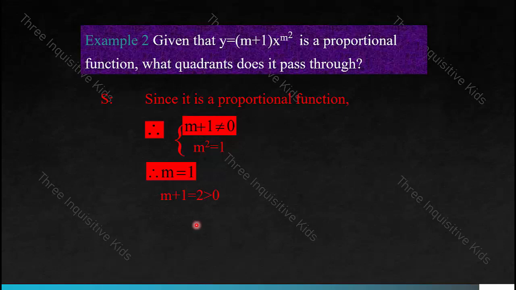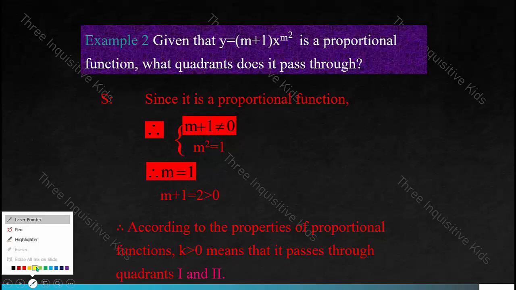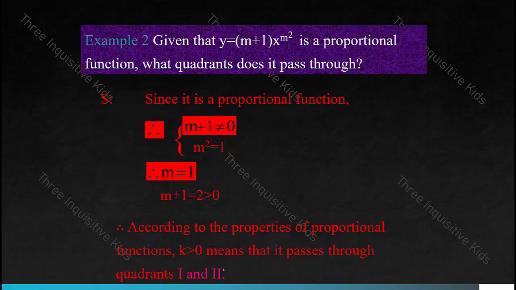So since it is greater than 0, the slope of this function is greater than 0. So the quadrants that it passes through would be 1 and 3. That was a typo earlier. Quadrants 1 and 3.